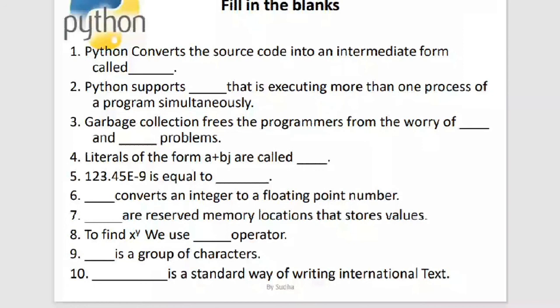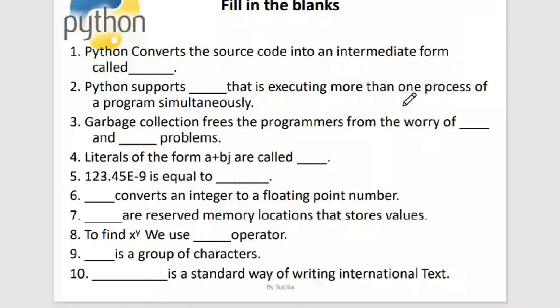Now, can somebody give me the answer for the first question? Bytecode. Very good. Python converts the source code into an intermediate form called the bytecode. What is the answer for the second one? Parallel processing. Multi-threading. Okay, so multi-threading. What is the answer for the next one?